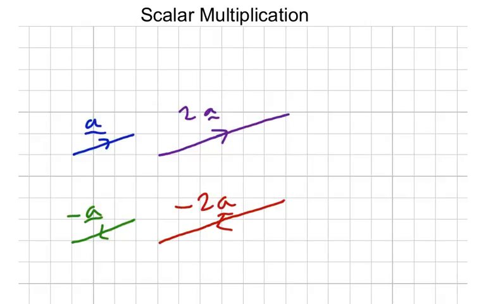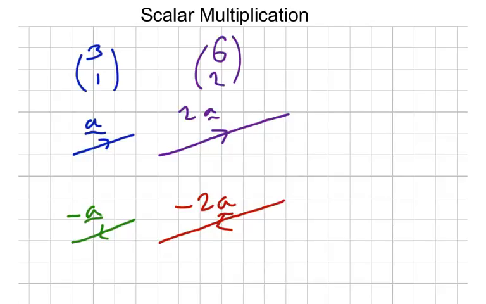And what we can notice is if we look at the column vectors of our vectors, then a here is 3 across and 1 up, so it's (3, 1). If we look at 2a, our column vector goes 6 across and 2 up.